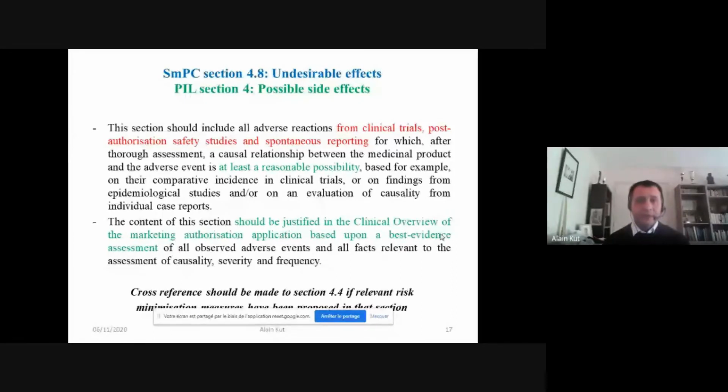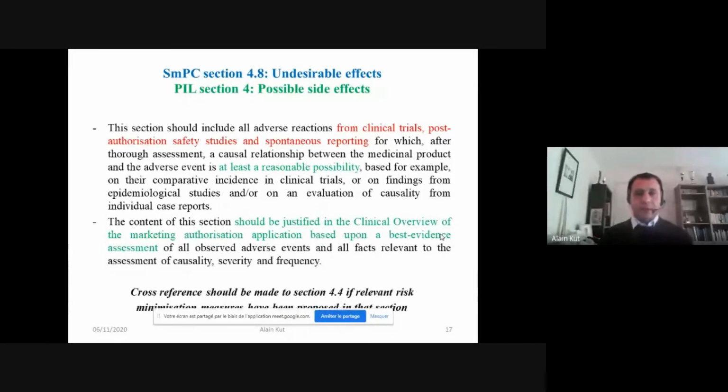The content of this section should be justified in the clinical overview of the marketing authorization application, based upon a best evidence assessment. As I said, it's part of module 1, and it's very important information to provide.